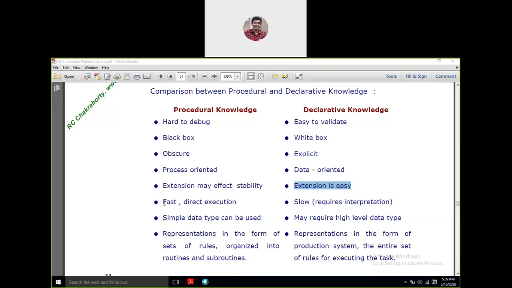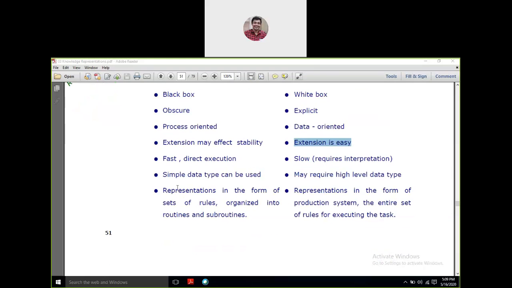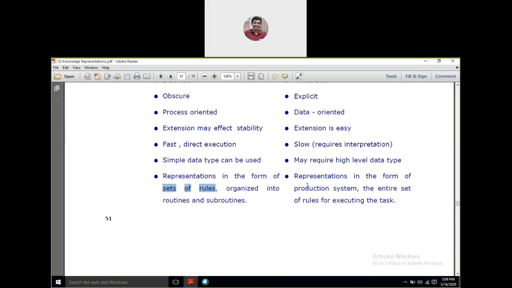Now, basically, procedural knowledge is fast, whereas declarative knowledge is a little slow. They are basically simple. Procedural is simple, whereas declarative is a little high level, right? They are basically represented in the form of set of rules, whereas they are in the form of production systems, right?